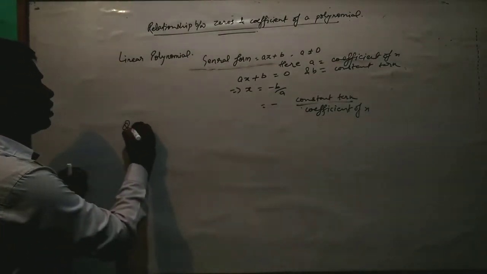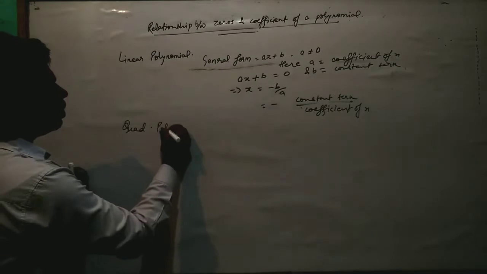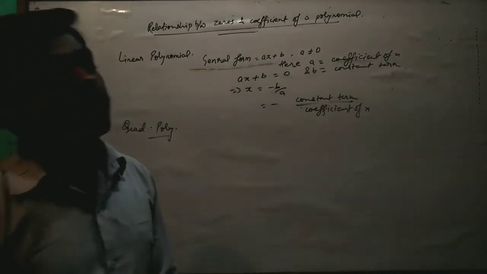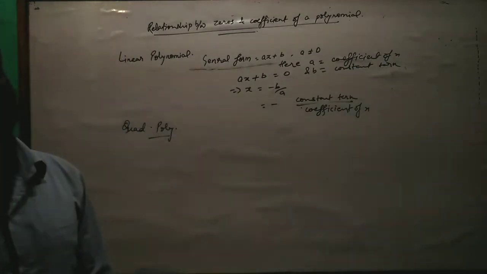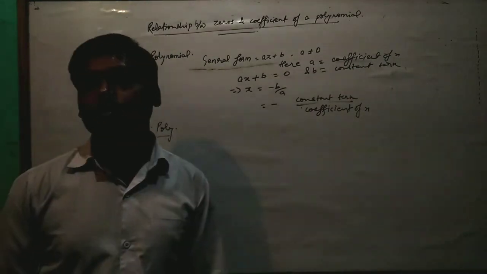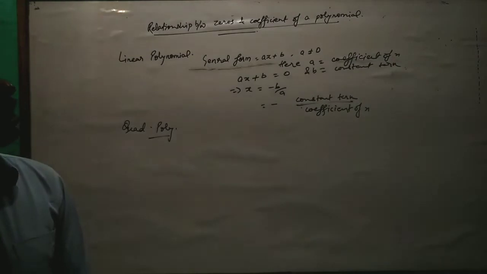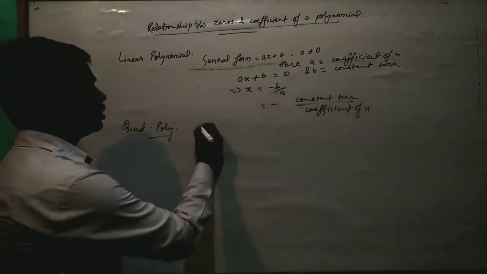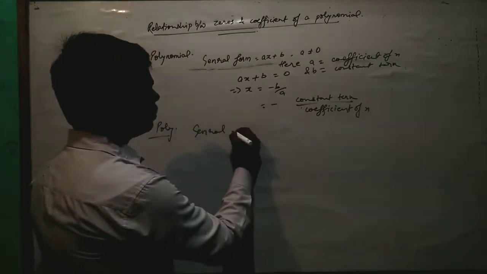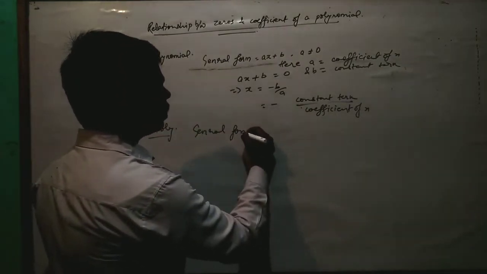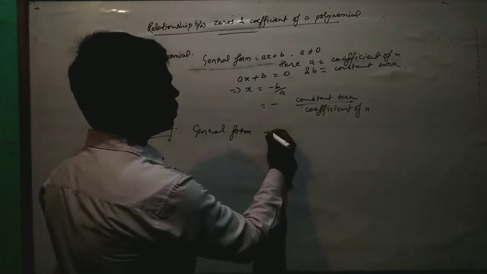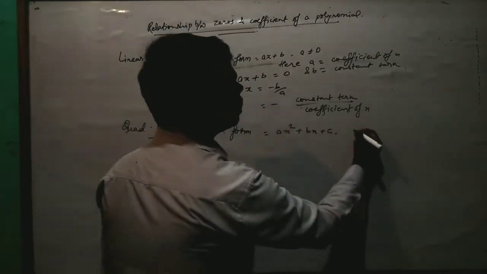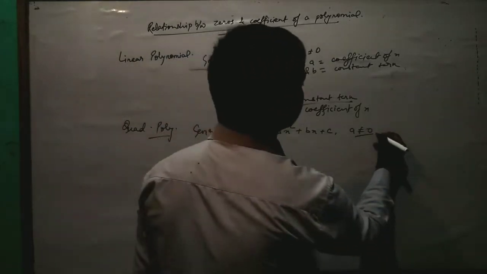Next, the quadratic polynomial. We know that the general form of a quadratic polynomial is ax square plus bx plus c, where a is not equal to 0.